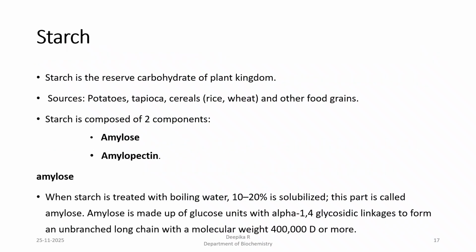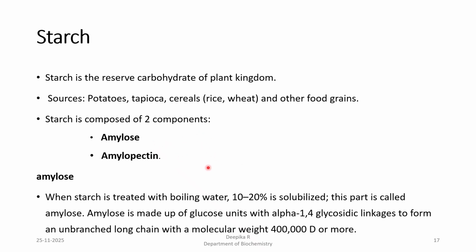Coming to the structure of starch, starch is mainly made up of two important components: amylose and amylopectin. Amylose always has a straight chain structure.